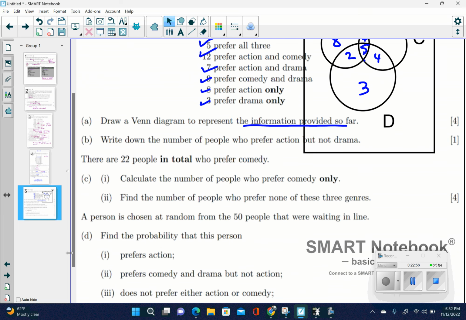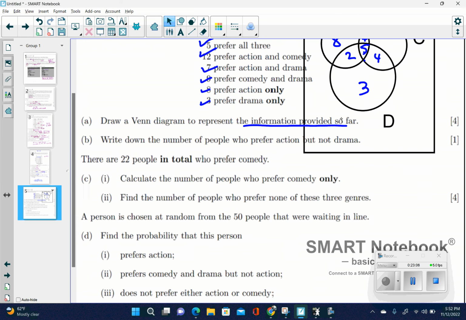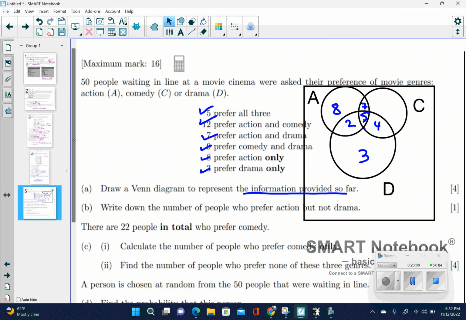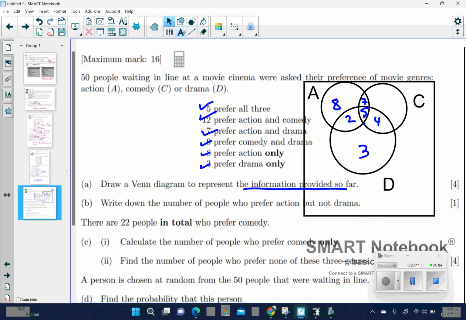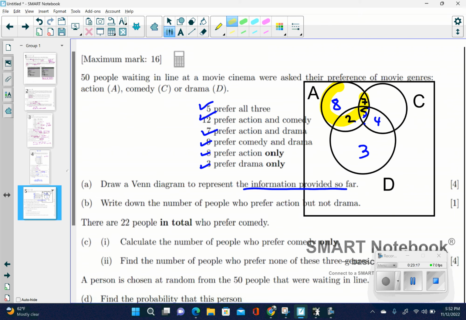Next, write down the number of people who prefer action but not drama. Okay, so action but not drama. So if we take a look at that, this is all of action, right?